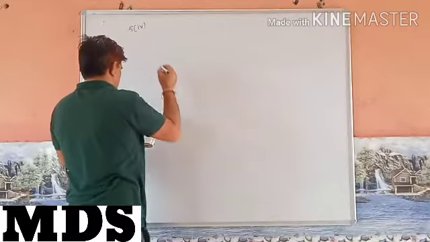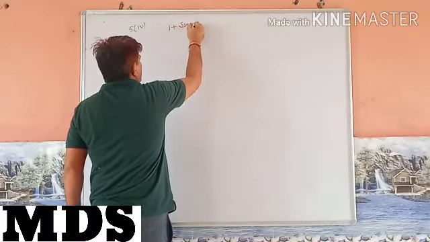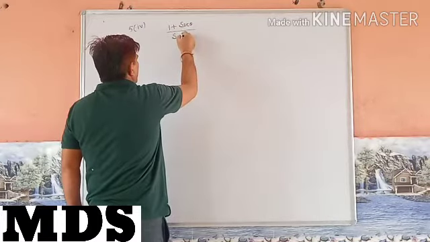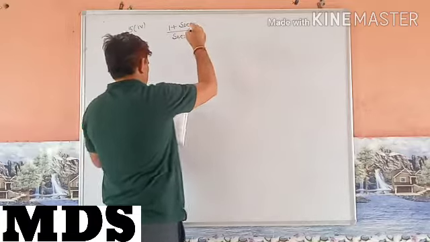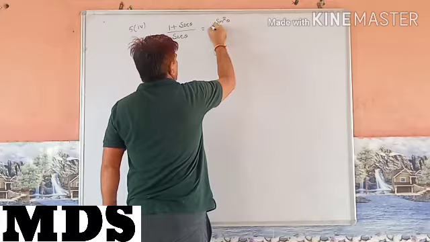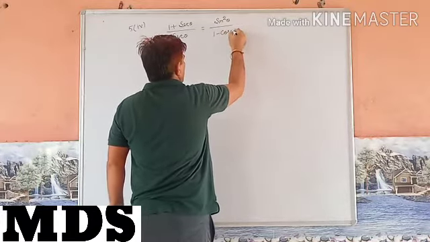What you can say? 1 plus secant theta by secant theta is equal to sin square theta by 1 minus cos theta.